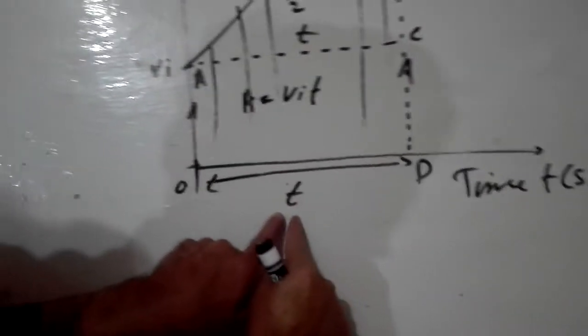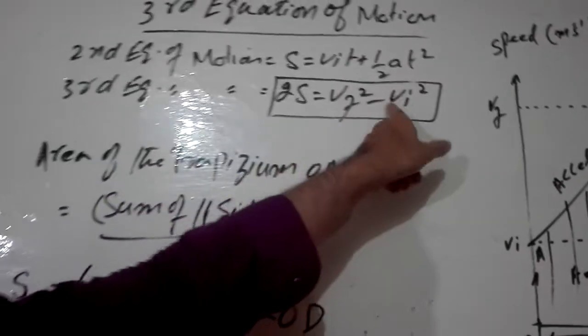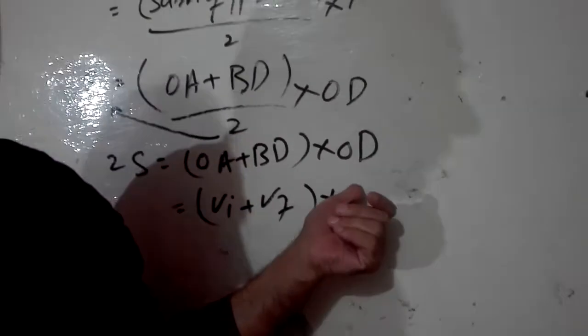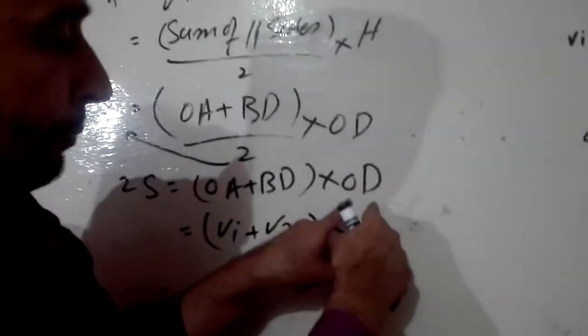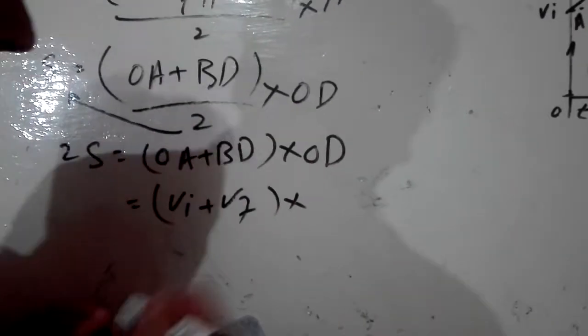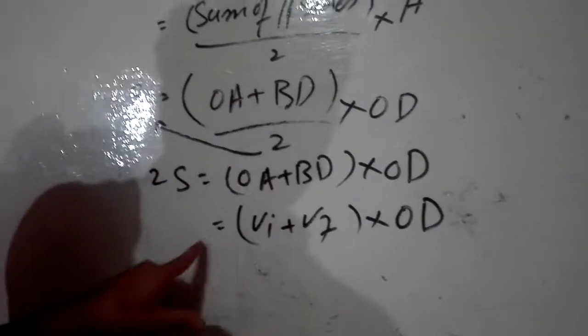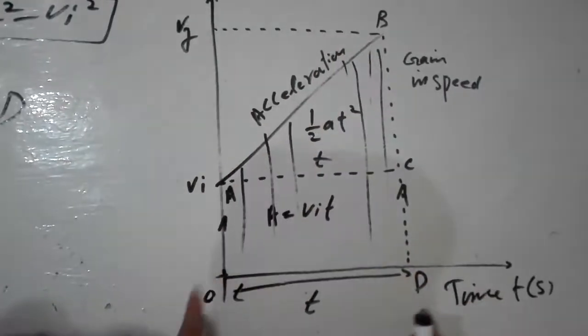OD is time. But in this equation we have to eliminate time. In the beginning I told you, in this equation we need not put the value of time. So in some way we have to cancel out this value OD. How can we cancel out this value OD? If we multiply both sides of this equation by this factor BC over OD.